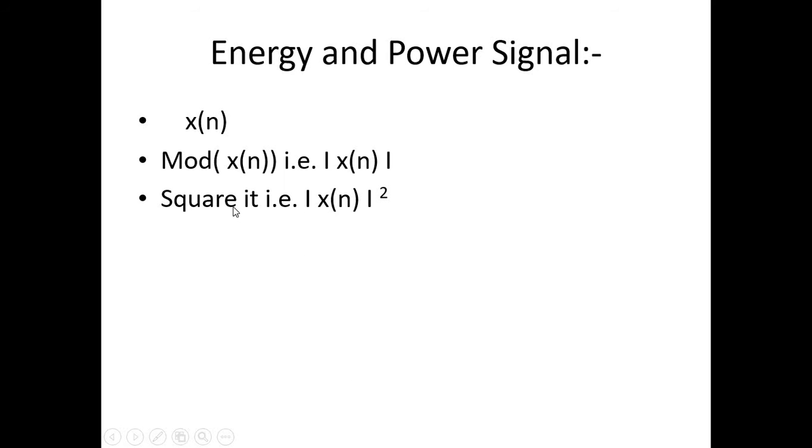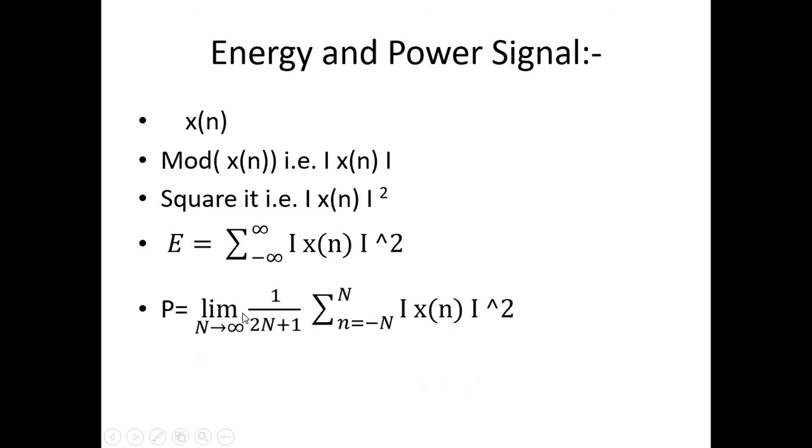After that we square that term, the square of mod of x[n], and finally we can represent the energy as E equals the summation from minus infinity to infinity, with these lower and upper limits, of mod of x[n] squared. If we solve that, we get the energy value. If this value is finite and the power is zero, then that signal is an energy signal. So how will we calculate power?